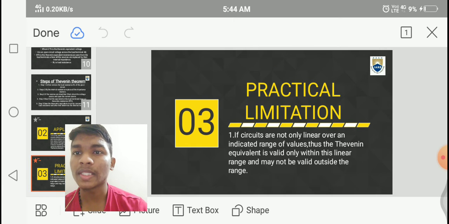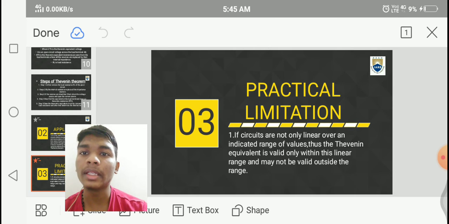Practical limitations. If circuits are not linear over an indicated range of values, then the Thevenin equivalent is valid only within this linear range and may not be valid outside the range.